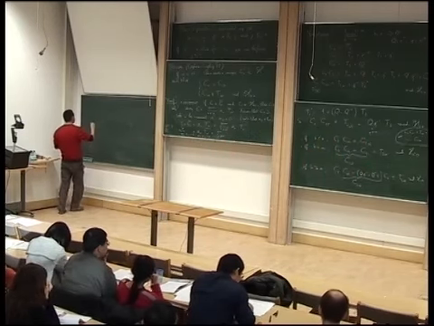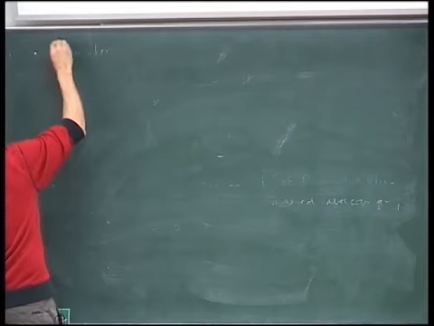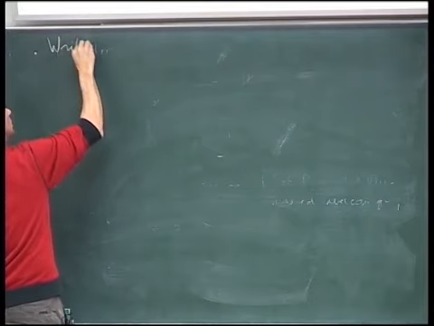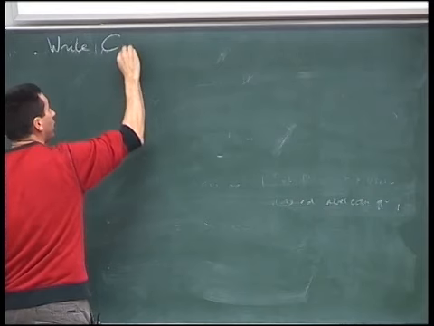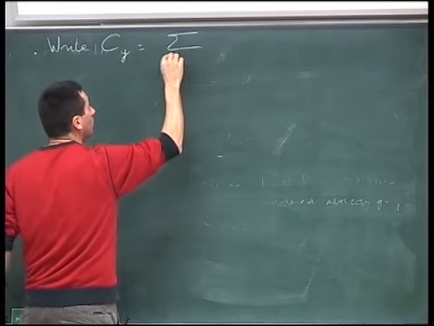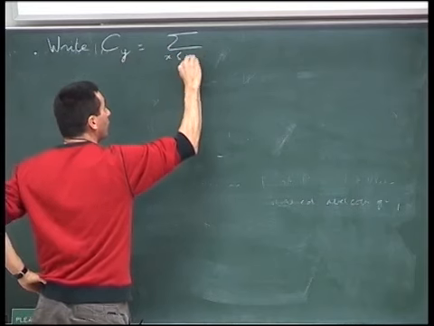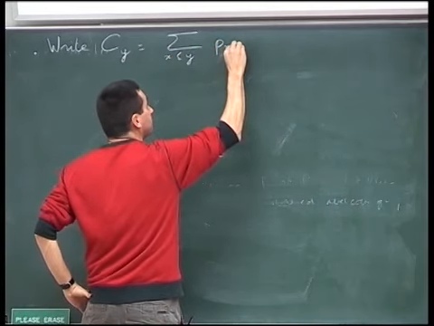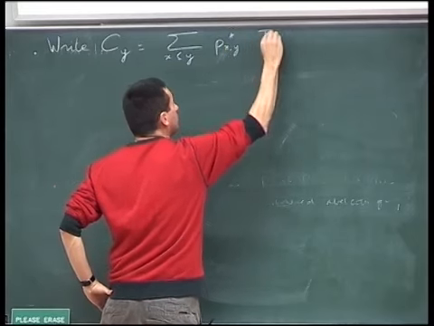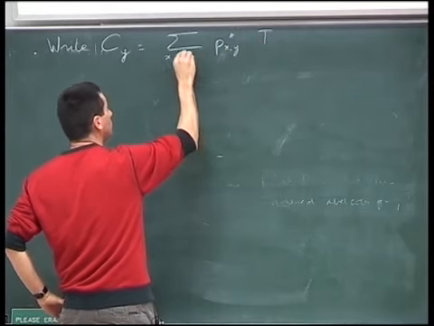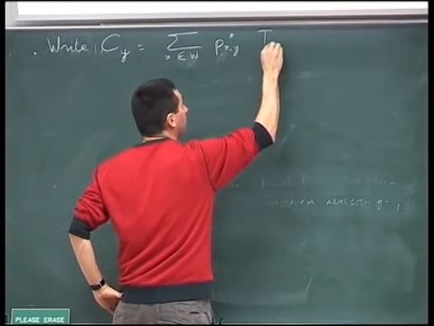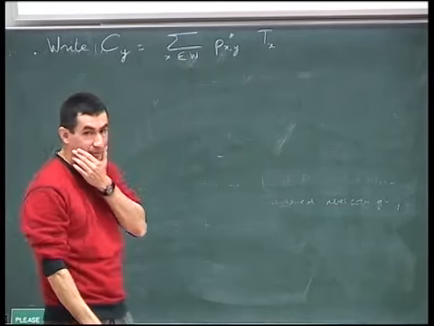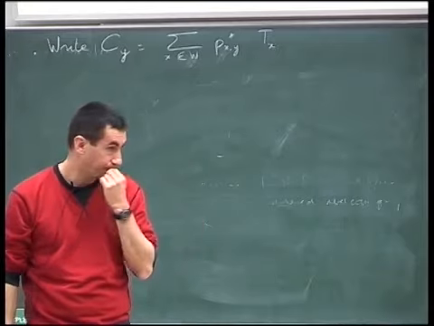So let's write Cy to be the sum for x less than or equal to y, p x y star, well, x in W, of Tx. So let's express the Kazhdan-Lusztig basis in the standard basis.